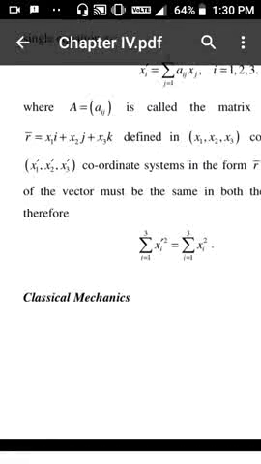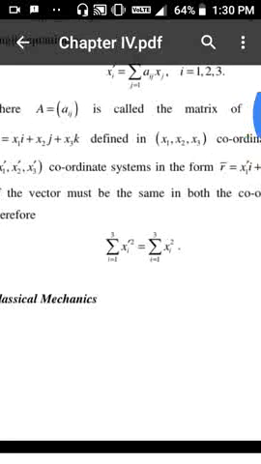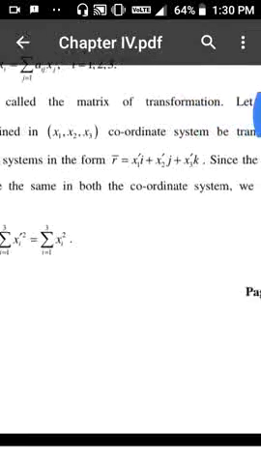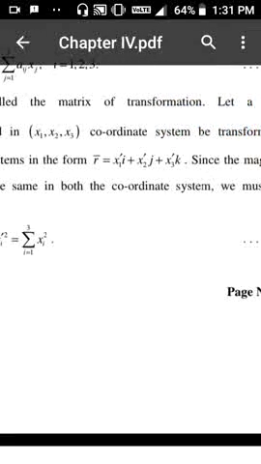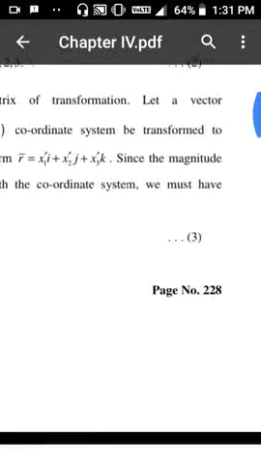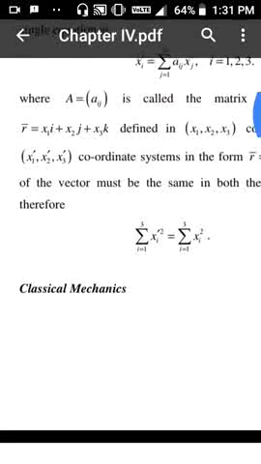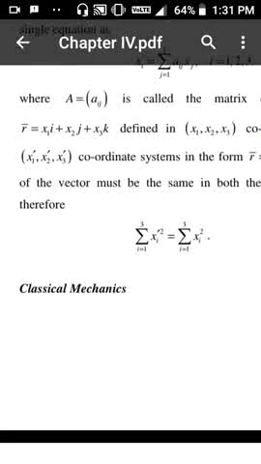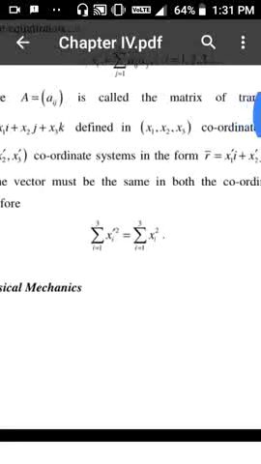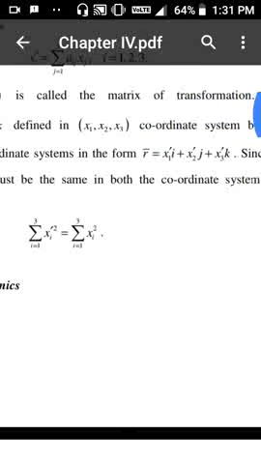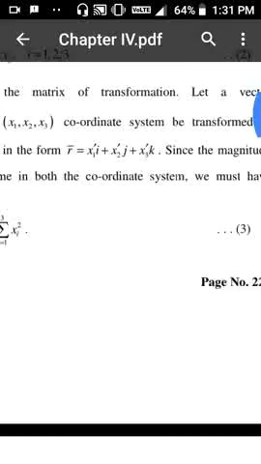Let a vector r bar be equal to x1 i plus x2 j plus x3 k in the x1, x2, x3 coordinate system, transformed to the x1 dash, x2 dash, x3 dash coordinate system in the form r bar is equal to x1 dash i dash plus x2 dash j dash plus x3 dash k dash.